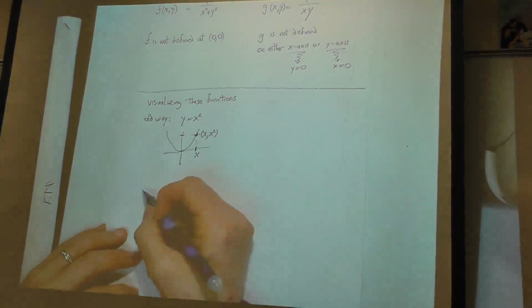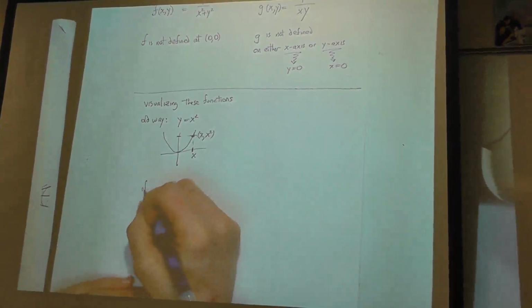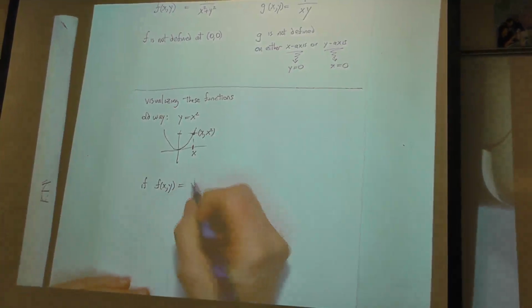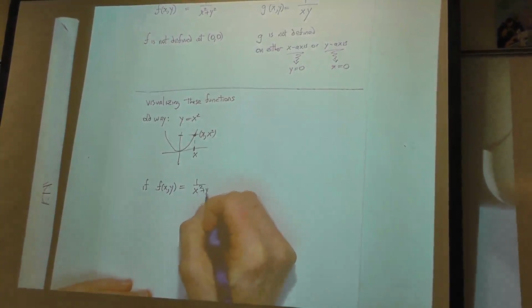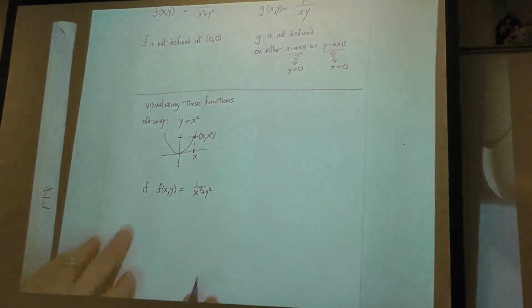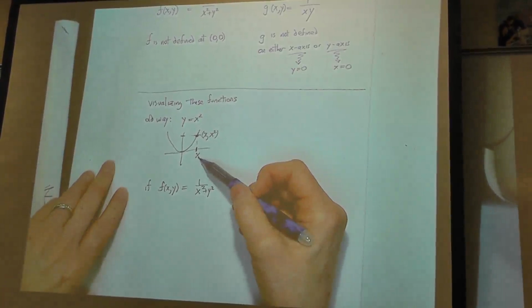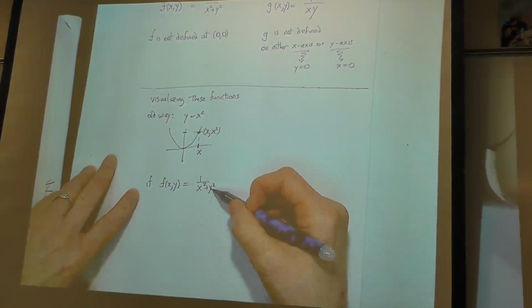Well, if I go to visualize f of x, y equals 1 over x squared plus y squared, the counterpart of the x is actually something in the xy plane.